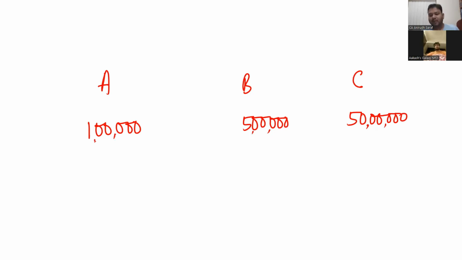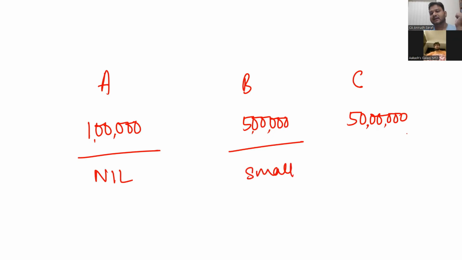So again, when you study the tax laws, you will realize that this person will not pay any tax, nil. This person will pay a very small tax. This person will pay a huge tax, more than 30% of the income.